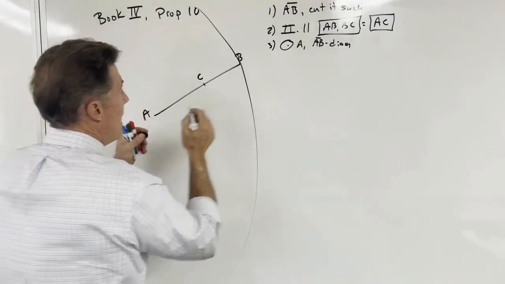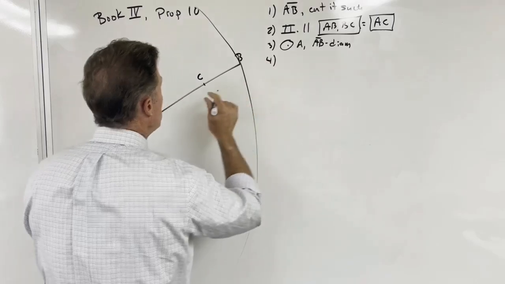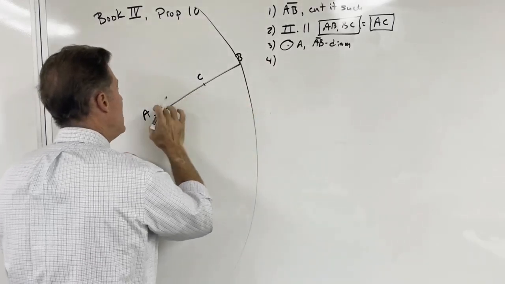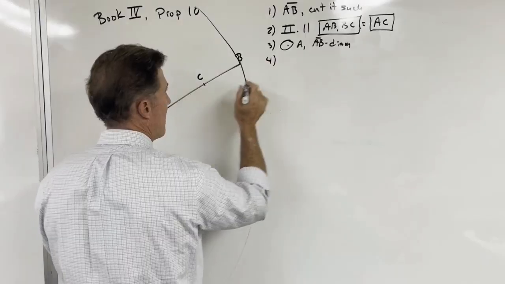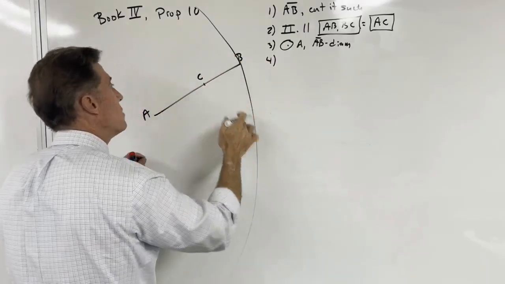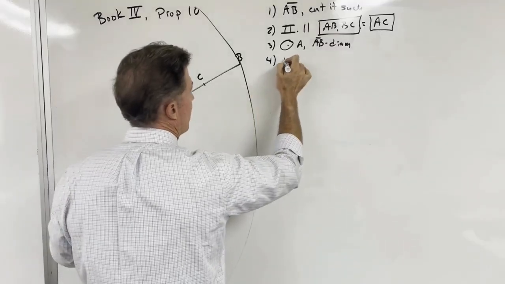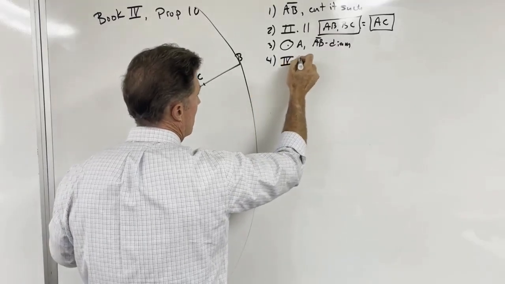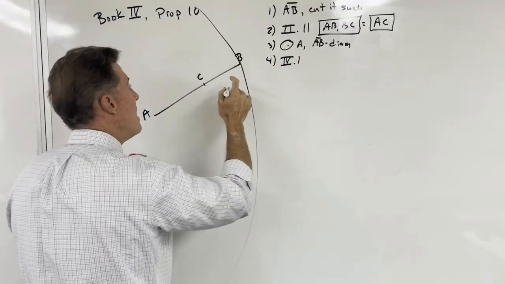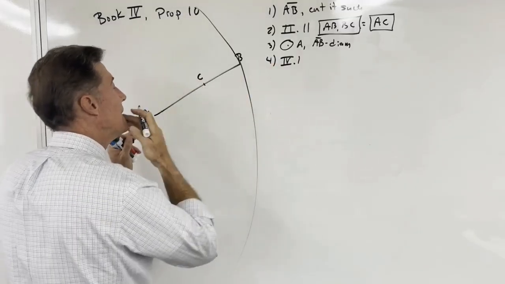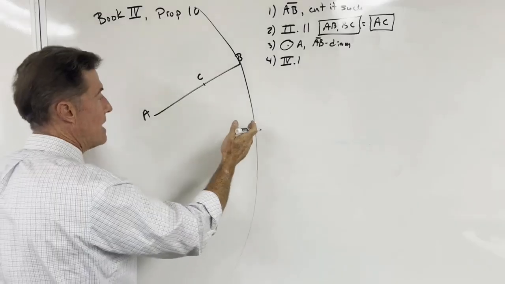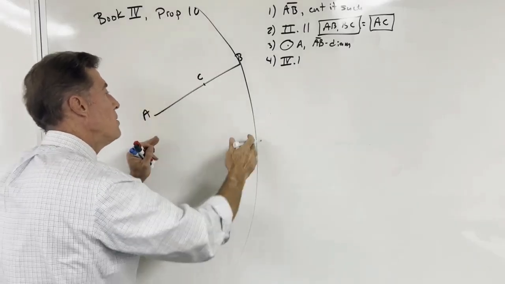All right. Now I'm going to take a line equal to this line, AC, and fit it into this circle. And I can use Book 4, Prop 1, that allows me to take any length of a line as long as it's equal to the diameter or less, and fit it into a given circle.